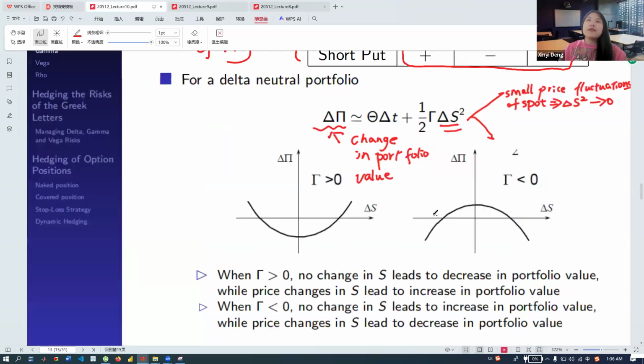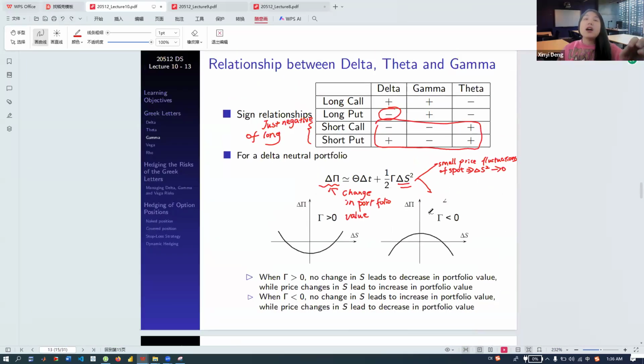If you pay attention here, you can see that for a delta neutral portfolio, delta S squared only appears together with gamma, right? If delta S squared is small, it means that you have small price fluctuations of spot, small price movements.